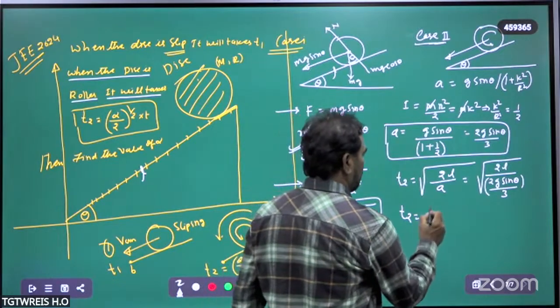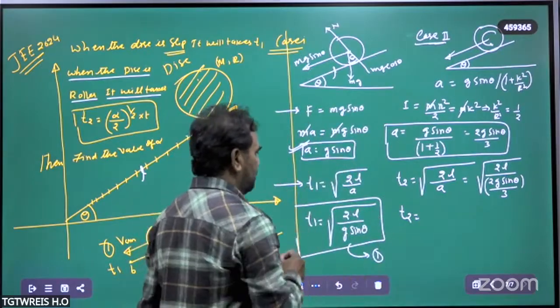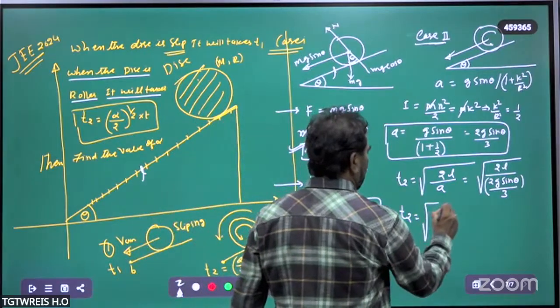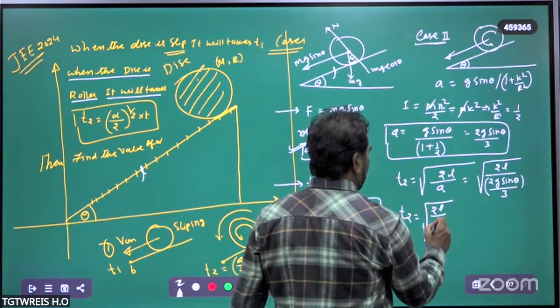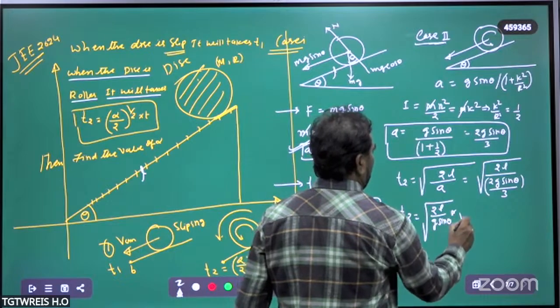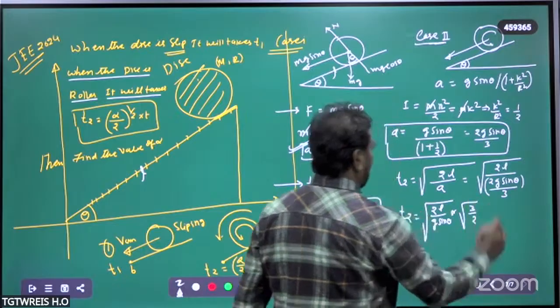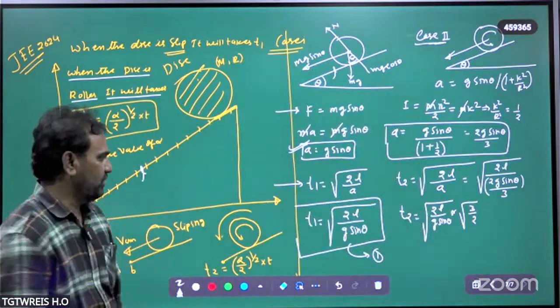This is what I am writing, see here: root over 2L upon g sin theta is one term, into 3 upon 2.